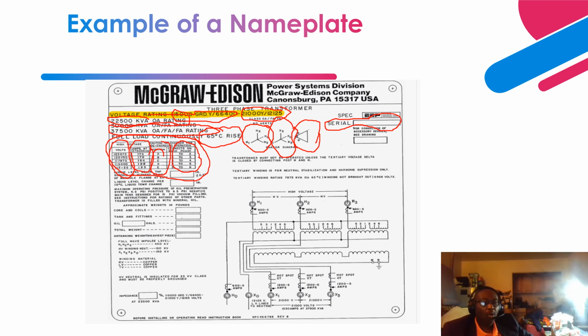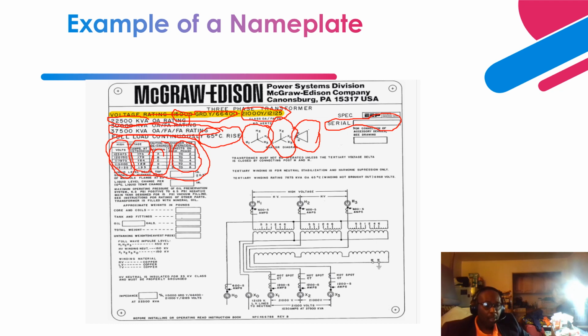The transformer manufacturer will also provide an indication that for every 10 degrees Celsius change in oil temperature, this is the level of oil change. So let's say if the transformer expands in volume and changes temperature from 25 degrees Celsius to 35 degrees Celsius, then the liquid level is going to change by, let's say, 2 inches.